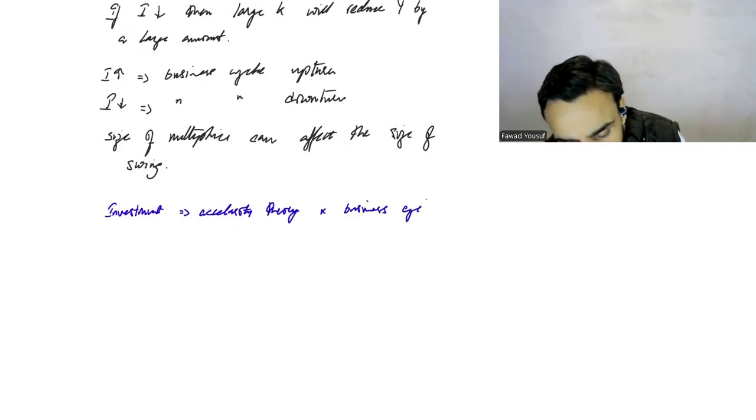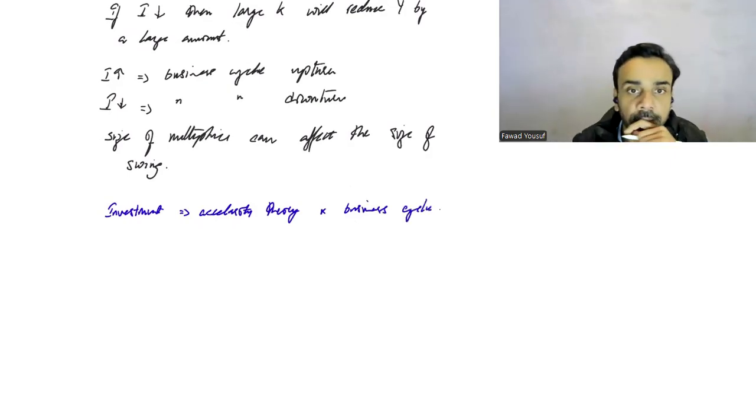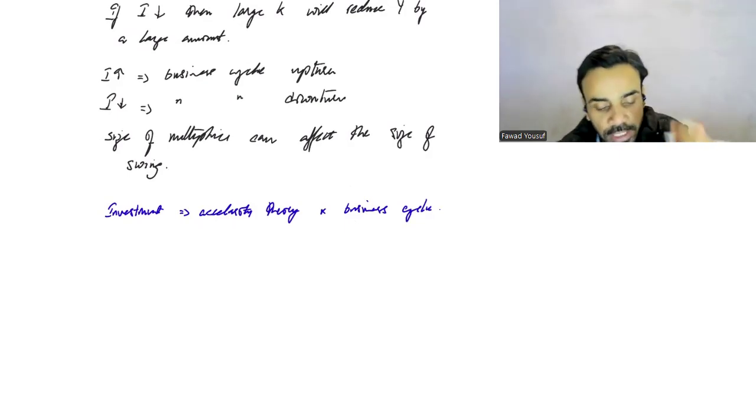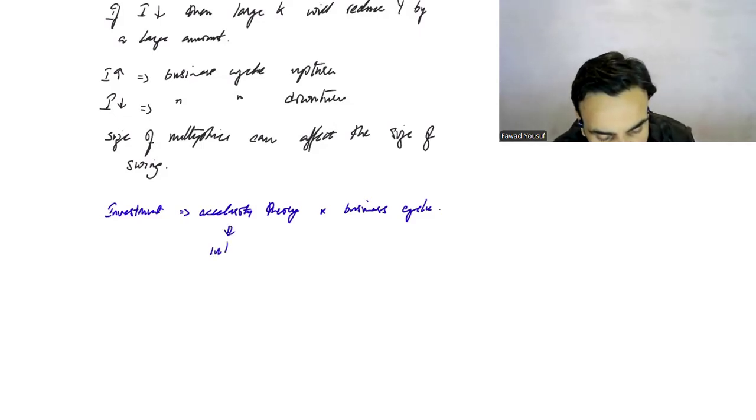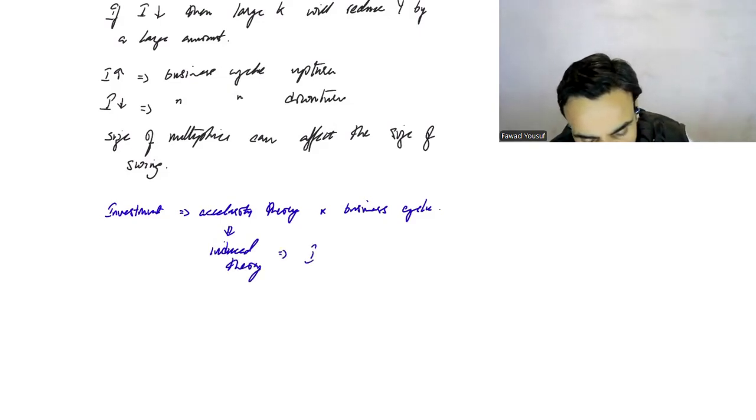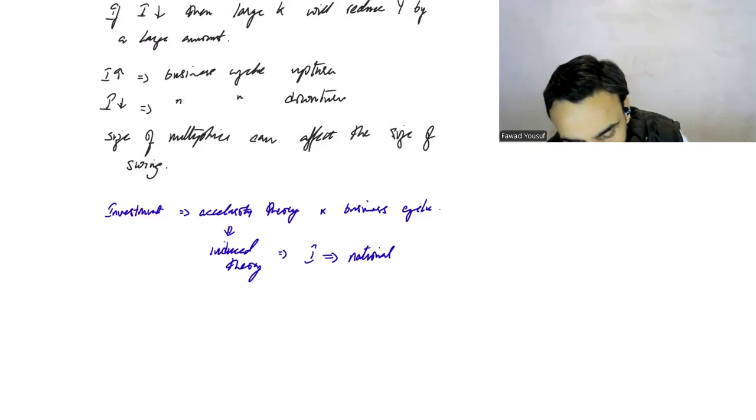Okay? How is it connected to the business cycle? तो इसमें हम ये बात कर रहे हैं सबसे पहले तो we're going to explain what accelerator theory is about. Accelerator theory जो है हमारी, it is an induced theory. Induced theory का मतलब है that investment is dependent on national income.